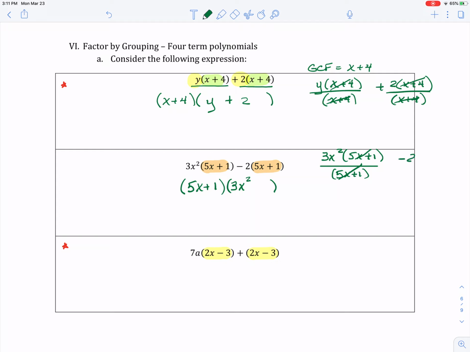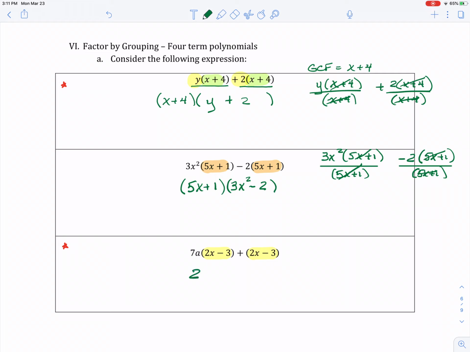And if we take the minus 2 in front of the parentheses, 5x plus 1, and also divide that by the GCF, you can see that the thing that sits in the second spot is 3x squared minus 2.